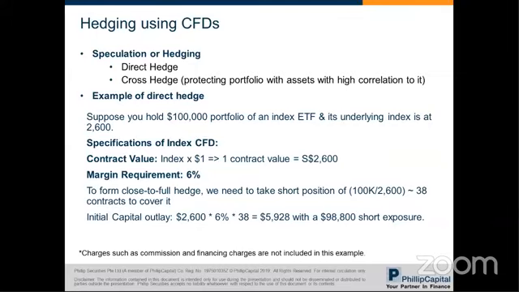So to form this close to full hedge, to protect your entire close to 100K worth of portfolio, we need to take a short position, the opposite of what you're holding right now, of 100,000 divided by the value of the contract, which is approximately 38 contracts of this index CFD to cover it. So the initial outlay would take about 6% of this total contract value, so you need to put in close to 6K for this short exposure.